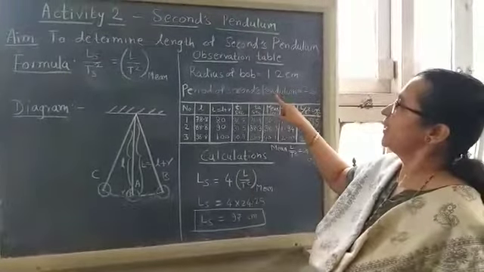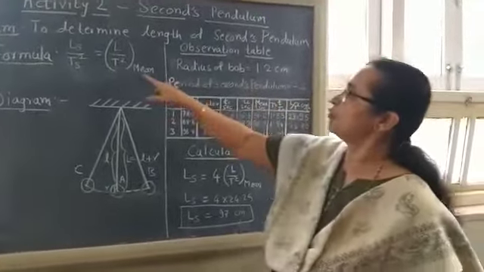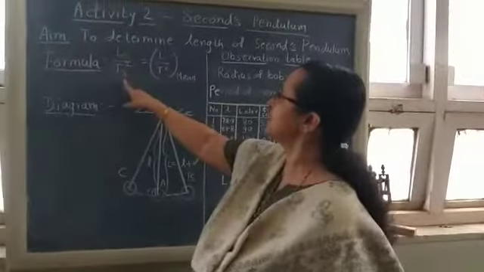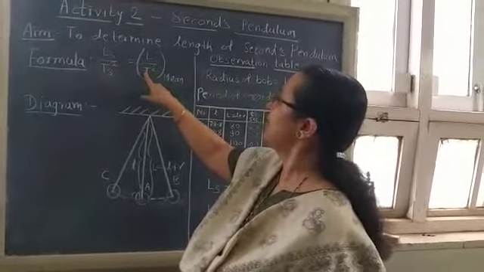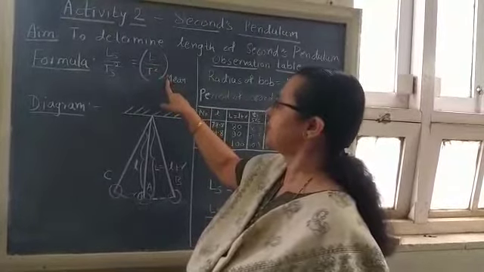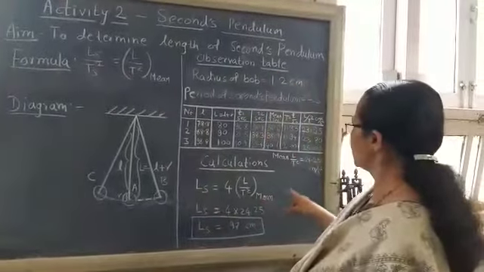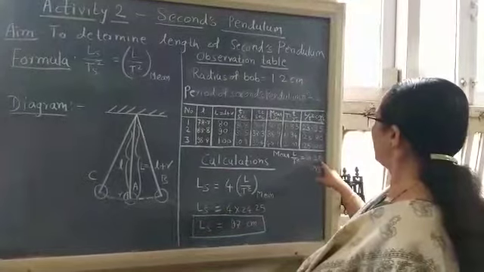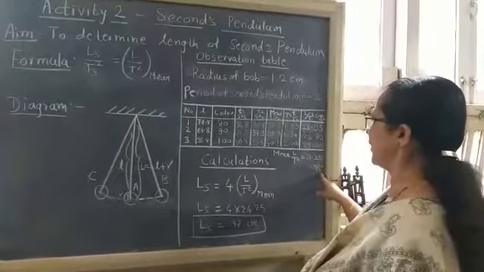Now for finding out the length of the seconds pendulum, we use the formula Ls upon Ts square, which is equal to the mean L by T square. Now the mean L by T square comes out to be 24.25 centimeter per second square.